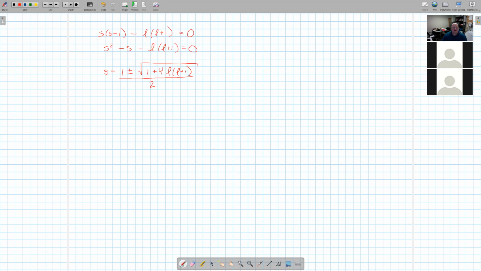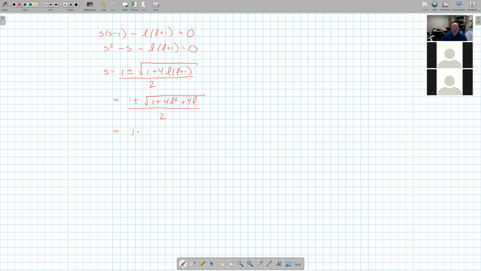Let's square and multiply all this stuff out. So this is going to become 1 plus or minus the square root of 1 plus 4 times L squared plus 4 times L, all divided by 2. But 4L squared plus 4L plus 1 is the same thing as 2L plus 1 quantity squared.